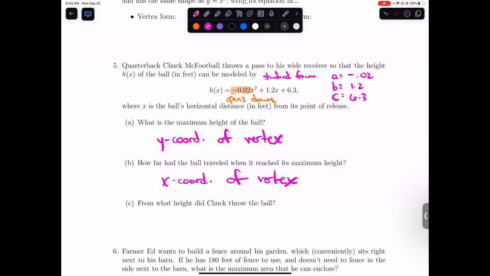Or negative b over 2a. b is 1.2, a is negative 0.02. Make sure to be careful, it's the coefficient only, but the sign goes along with it if it's negative. So somebody tell me what that is.